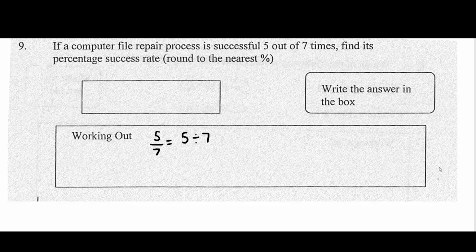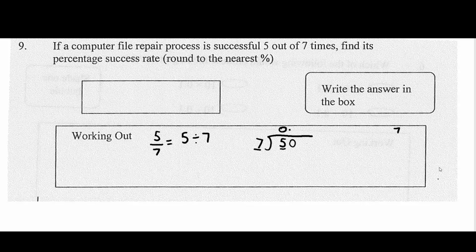So what this question is asking is, how many times does 7 go into 5? Okay, so your denominator goes there, goes here, and your numerator there. Right, how many times does 7 go into 5? It doesn't go, so we put a 0 there, and then a decimal point, and we make it 50. How many times does 7 go into 50?